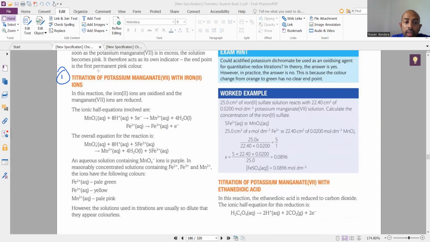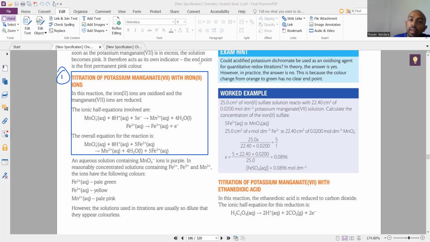So manganate ions reduce, iron 2 will oxidize, and these are the two half equations and the final equation. I think it's better to learn by heart the complete balanced equation, and remember the ratio between manganate and iron is 1 to 5.